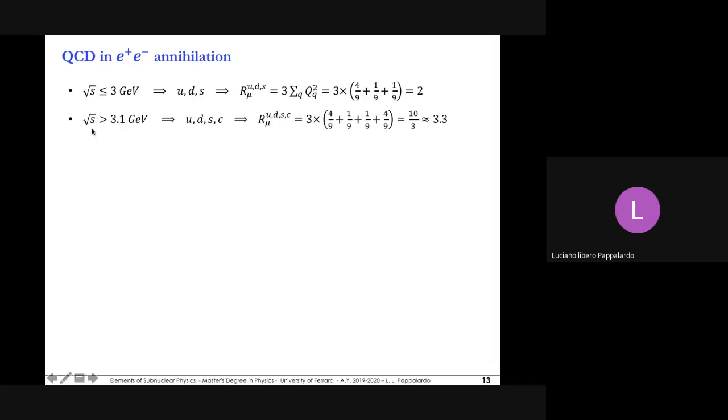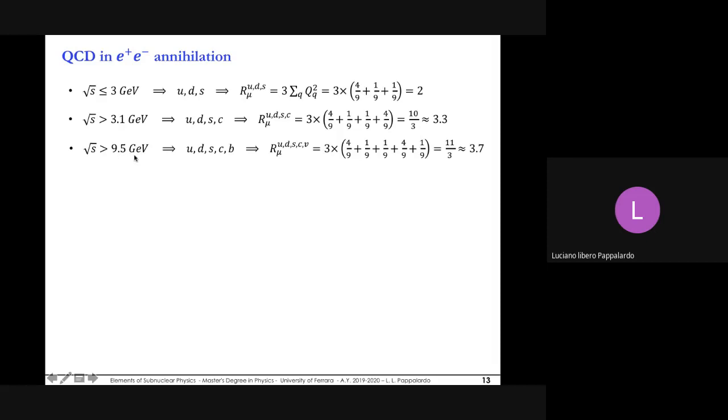If the energy in the center of mass is above the threshold for producing charm quark, then you have to add an additional term, also including the charm quark possibility, which is this 4/9 term. And still we have the factor of 3. So at the end, you end up, in this case, with a ratio of cross sections of 3.3, or 10 divided by 3.